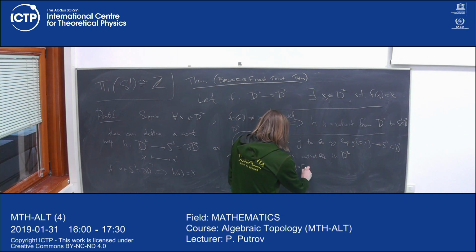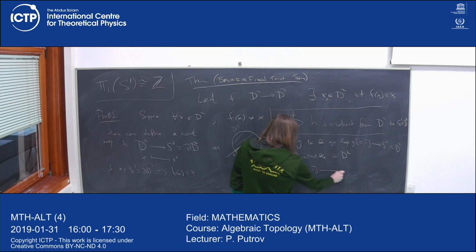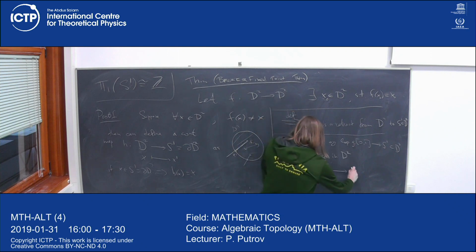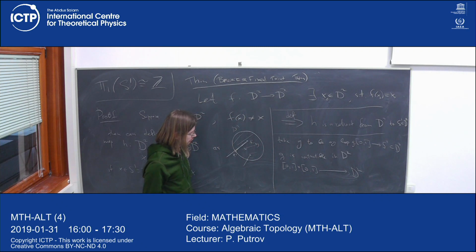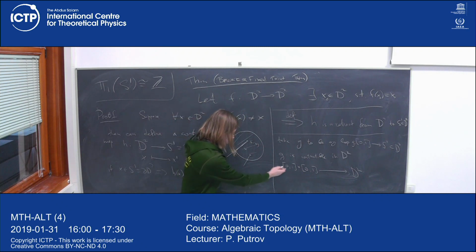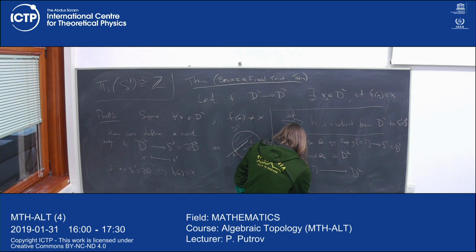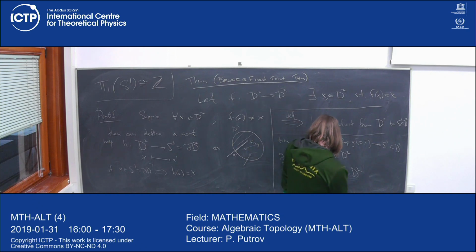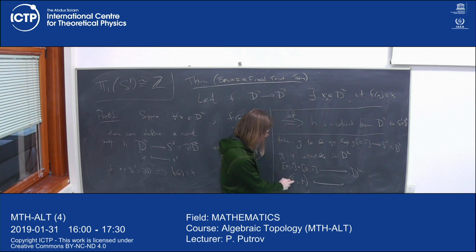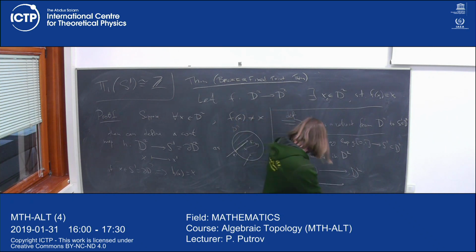The homotopy of loops should be a map from a square to D2, and we explicitly define it as follows. Here s is a parameter along the path, and t is the parameter of the homotopy.